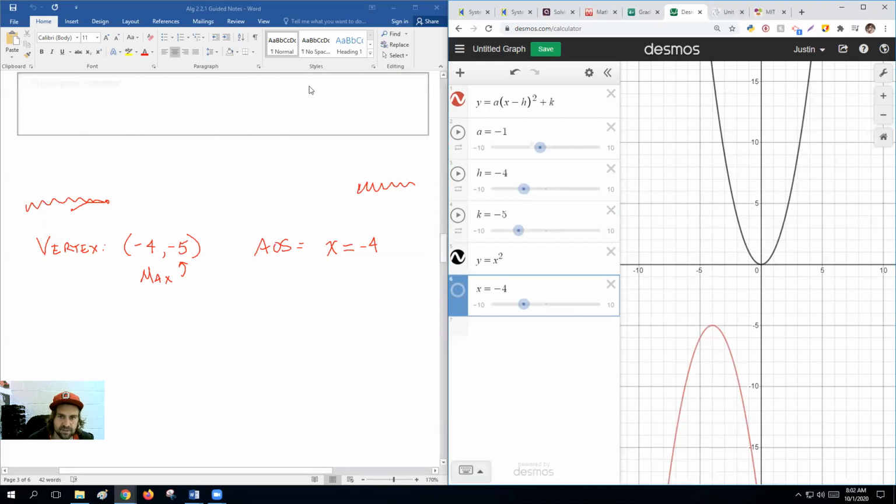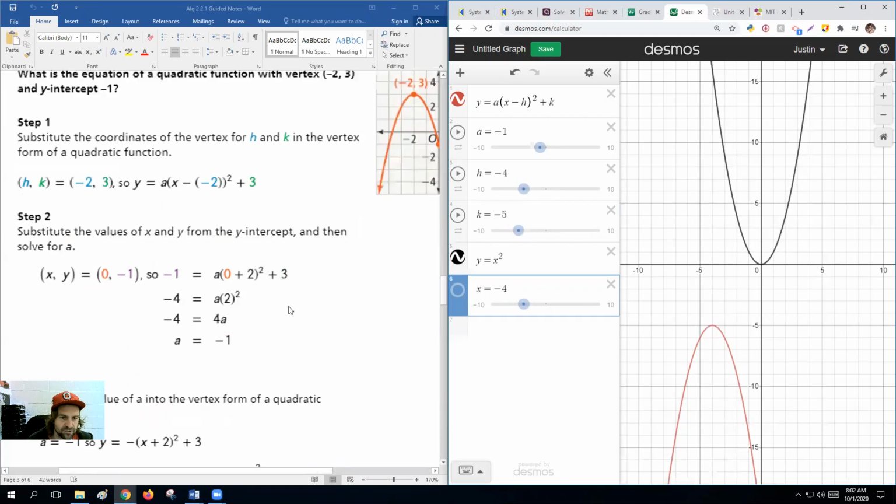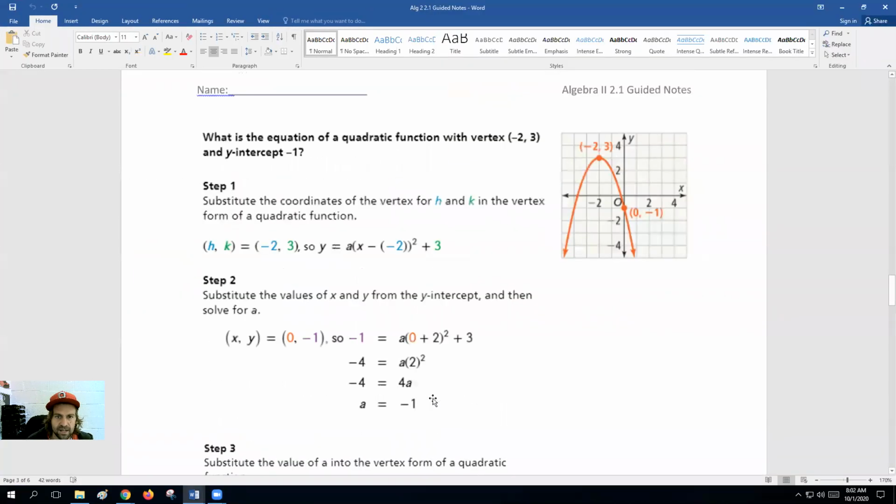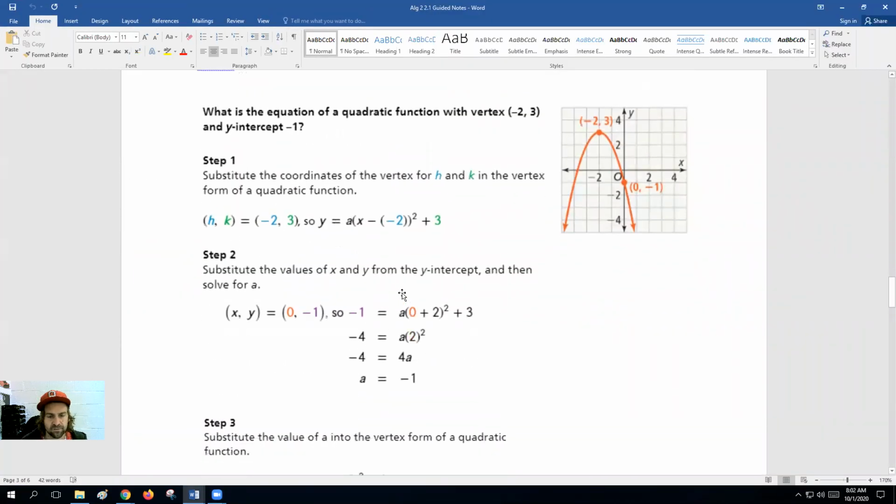Okay, so let's keep this going, make sure we can handle this information. Next thing we're going to do is write the equation based off of this information. To write the equation, we're given the vertex and another point on the graph. This is kind of like when we did y equals mx plus b.